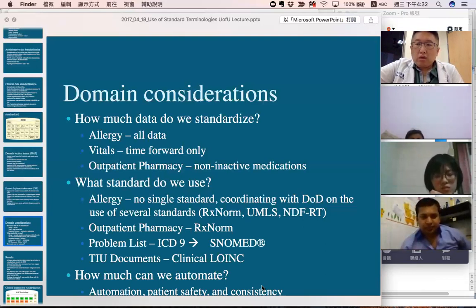So there was one time a discussion about whether a company or institution that wants to create a clinical decision support system should have that system regulated by the FDA. You can think about that.